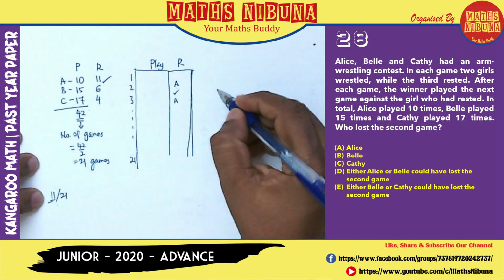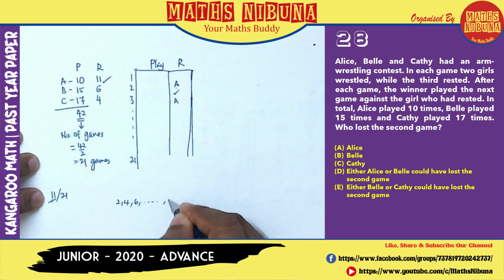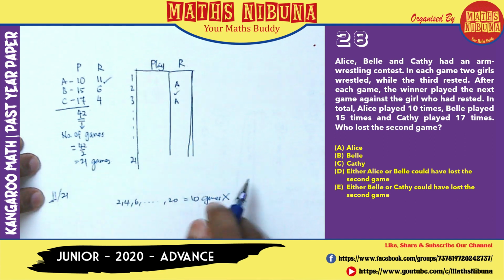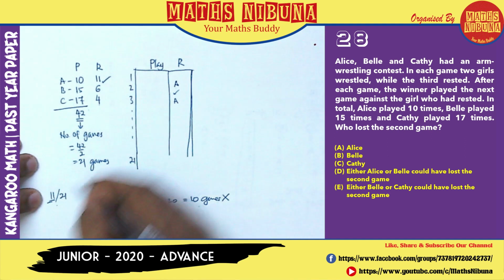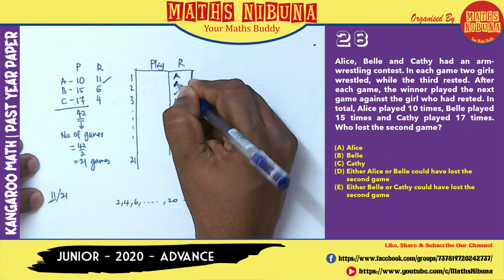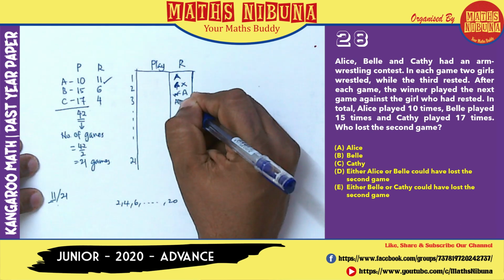If she rests at 2, 4, 6, 8 until 20, she can only rest 10 games. So this is not possible. We want her to rest 11 games. So in order to rest 11 games, she must rest at the first game. Second game, somebody else. Third game, she rests. And the fourth game, she plays.